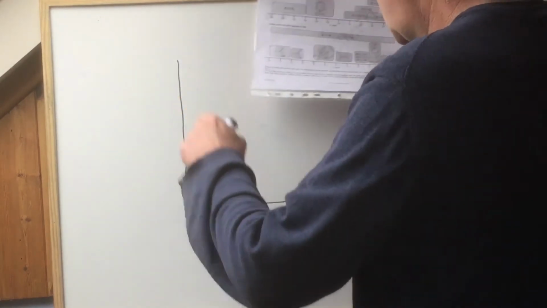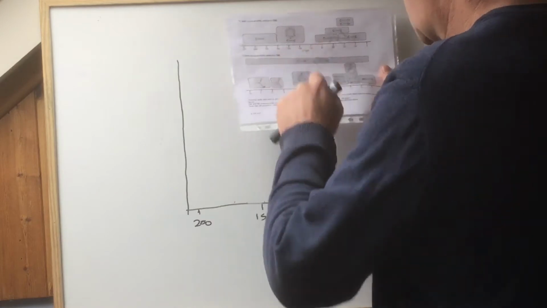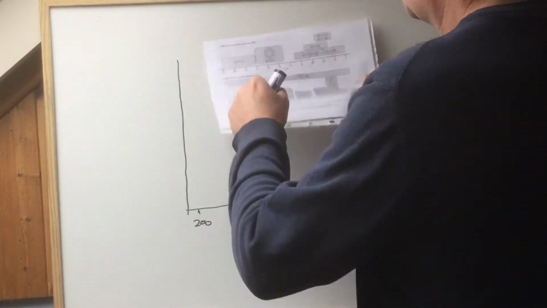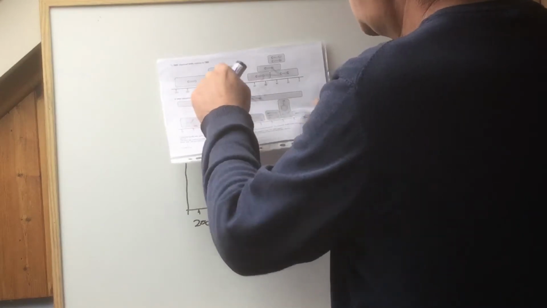We're going to concern ourselves with the benzene ring now, which means all of these environments will be somewhere between about 110, give or take, and 160.